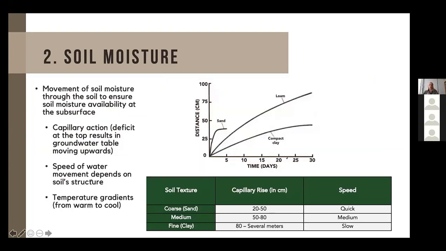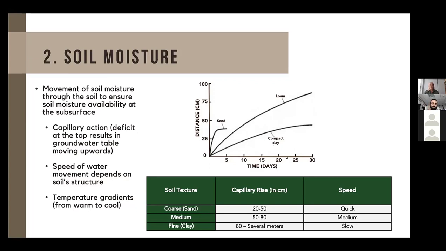Next to the amounts of soil moisture, it's very important to also consider the movement of soil moisture through the soil to ensure that soil moisture remains available at the subsurface. So the process that enables this is called capillary action.